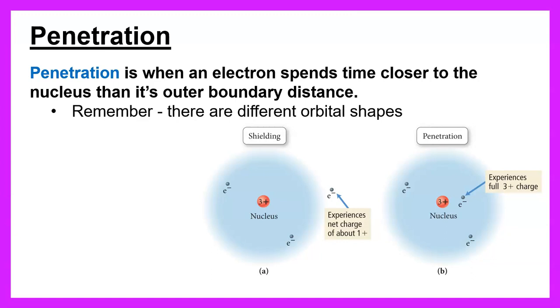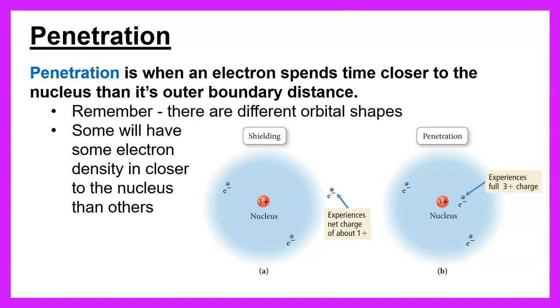Well, some types of orbitals will result in the electron being closer to the nucleus sometimes than that outer edge that we see. So if you look here, here's this outside electron, and it's hanging out over here. But once in a while, we may find it closer to the nucleus in here.